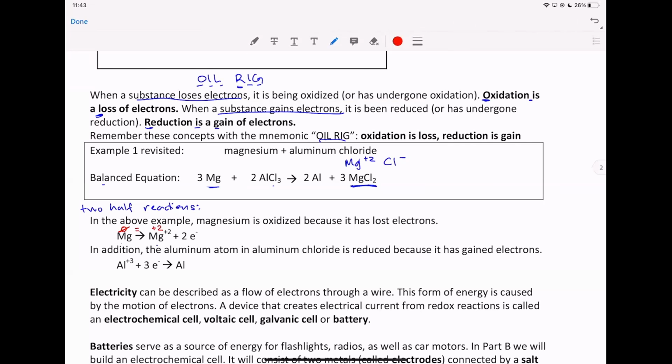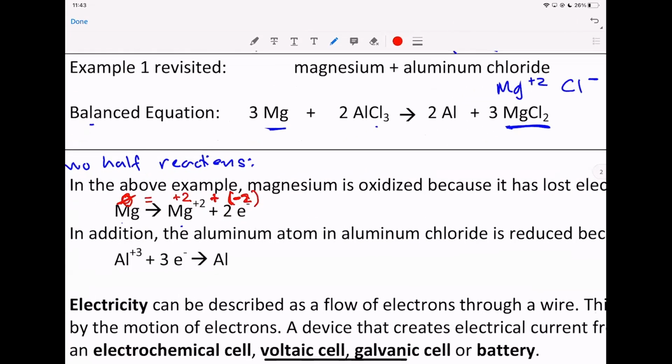The only way that can happen is if that magnesium element with no charge has lost 2 electrons. You can follow that with the charge values. Let me zoom in. Because 0 for magnesium and then the magnesium ion is +2, I have to add -2. So that means adding 2 electrons.